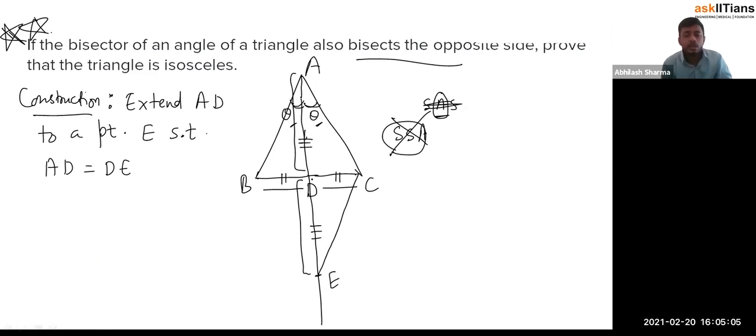Now observe between these two triangles, these two angles will be equal because they are vertically opposite angles. This side length AD is equal to this side length of this triangle.